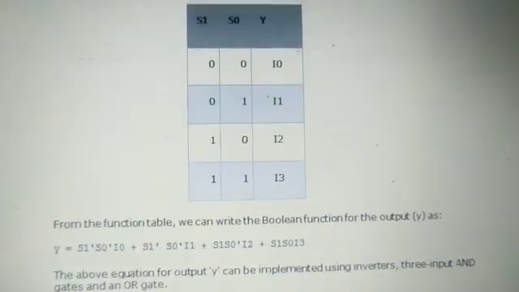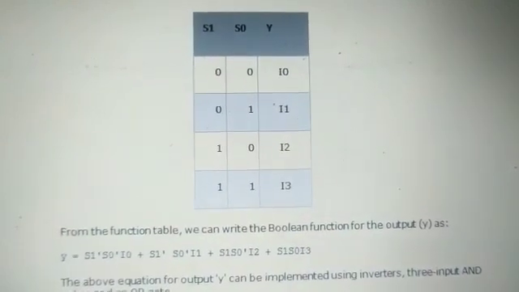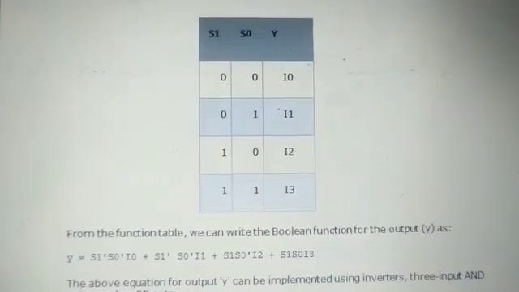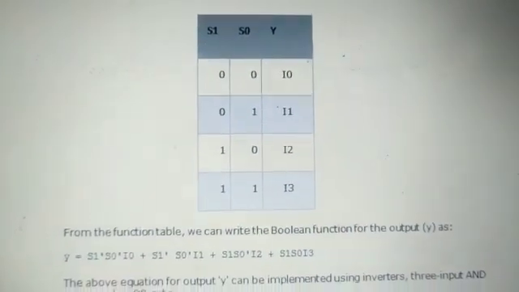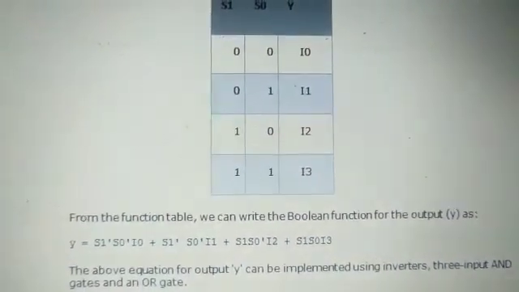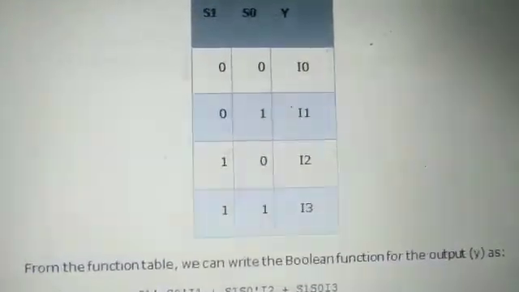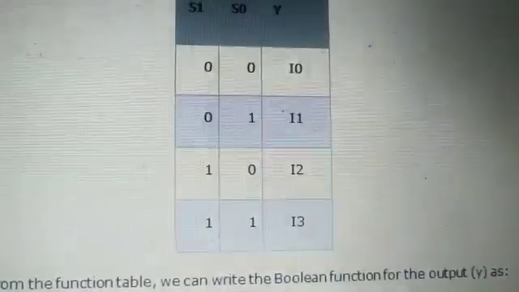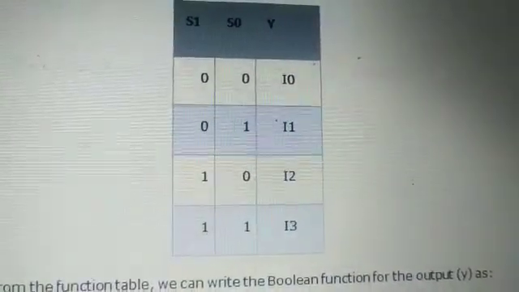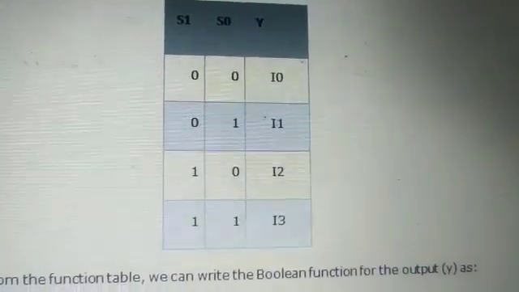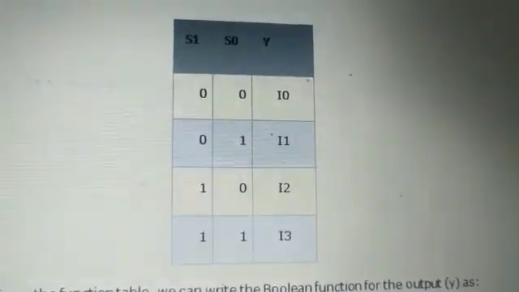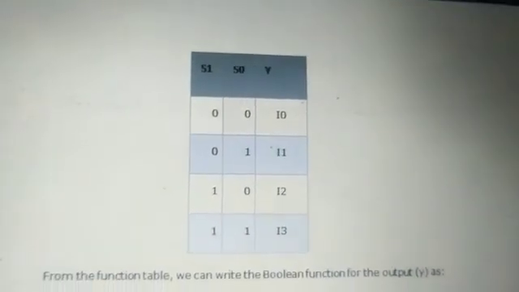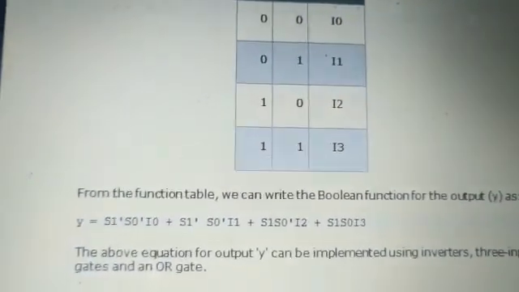In the second case, if S1 is 0 and S0 is 1, then the second input will be selected. For the third case, if S1 is 1 and S0 is 0, then I2, the third input, will be selected. If both select line inputs are 1, 1, then only the fourth and last input will be selected.